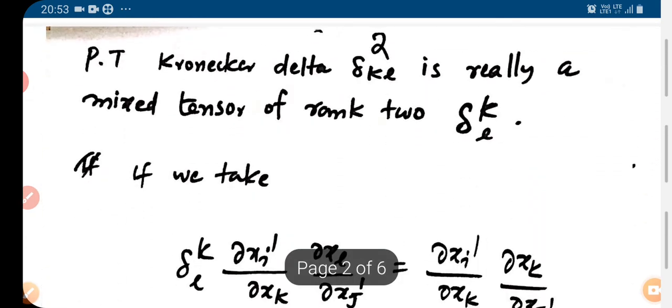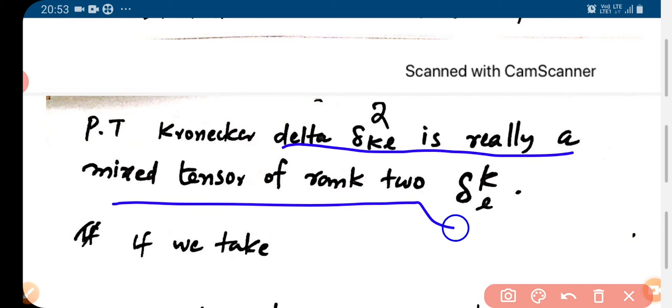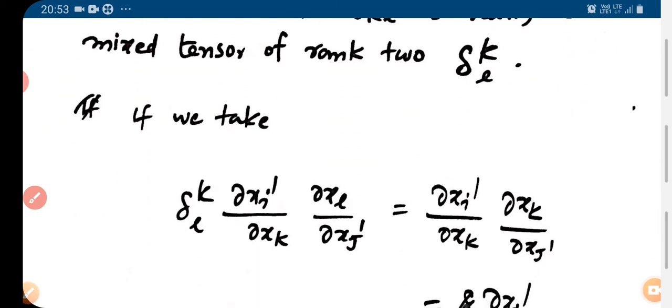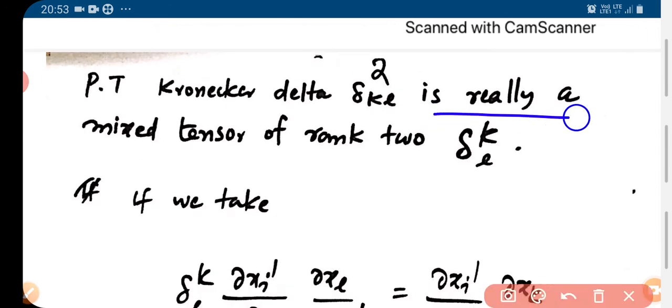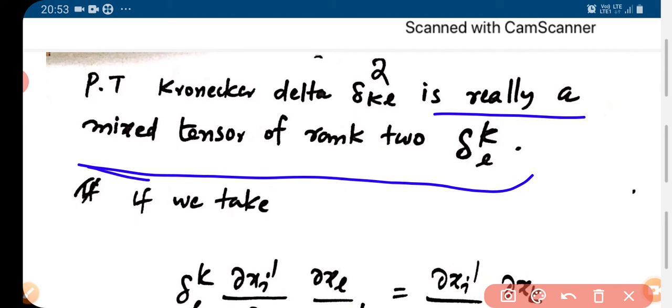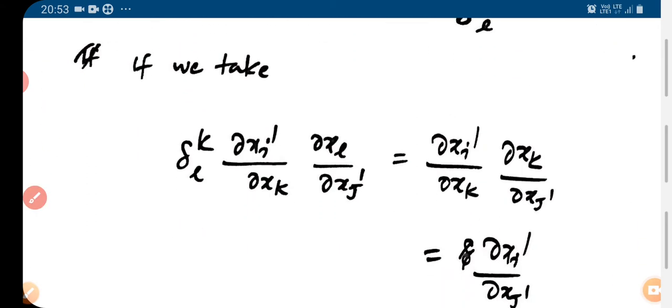Prove that the Kronecker delta δ^k_l is really a mixed tensor of rank 2. We prove this.